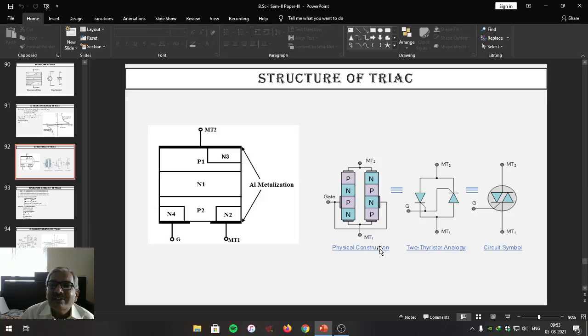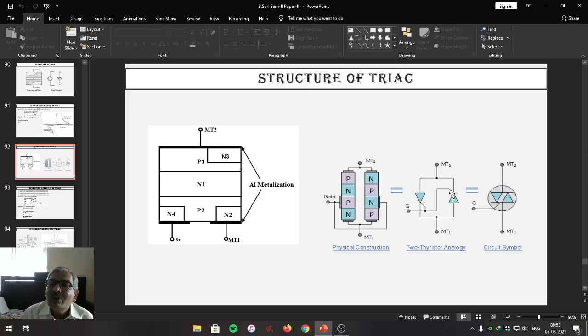This structure is symbolically represented in this particular figure by using two SCRs. So this is one SCR having its anode, gate and cathode. This is another SCR, say SCR2, having anode, gate and cathode.